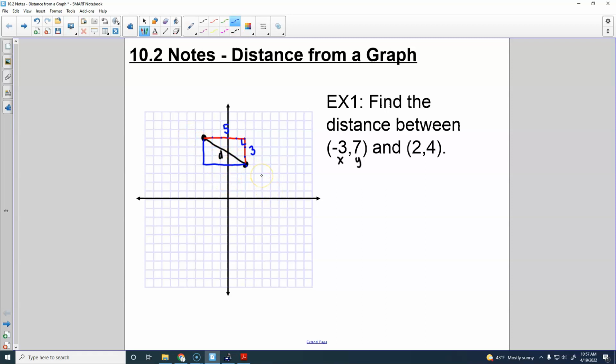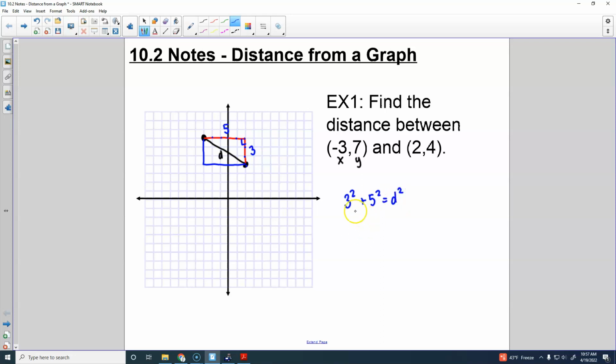So, Julian, how would I set this up to find the length of D right there? Good. Very good.